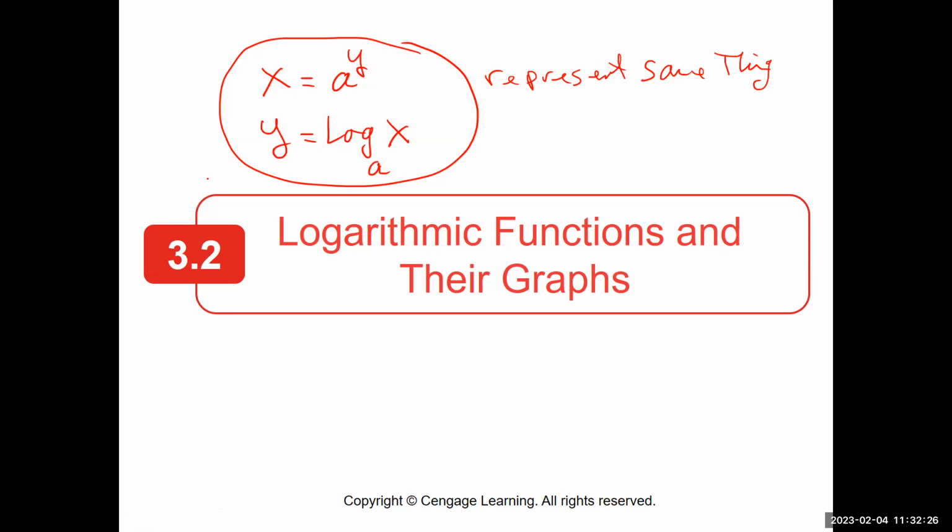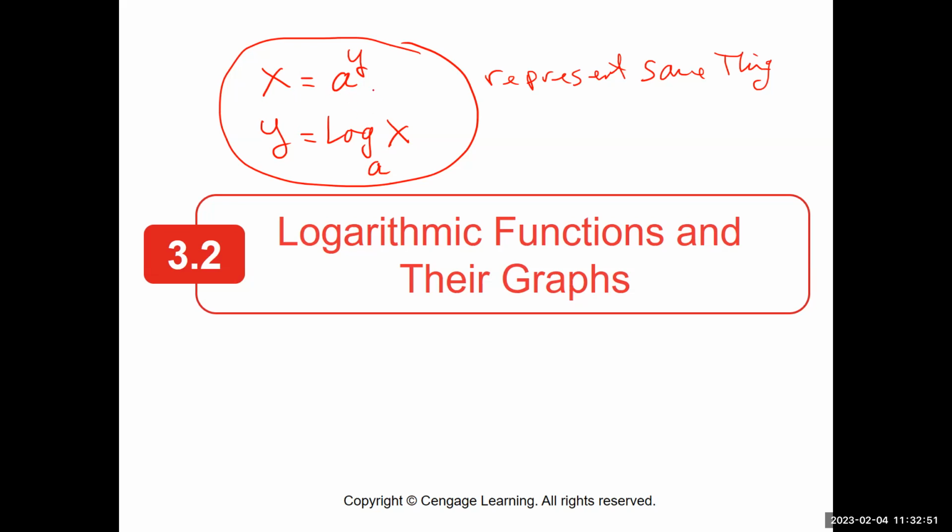Actually, we'll see later on, the exponential function and the logarithmic function are flip-flops, they are symmetric about a line. We're going to see that drawing in a minute. But whatever x is here, that's the same x, same a, same y.